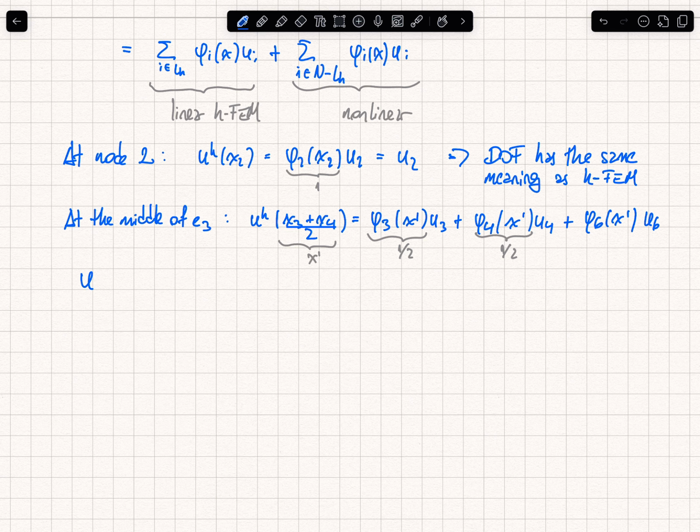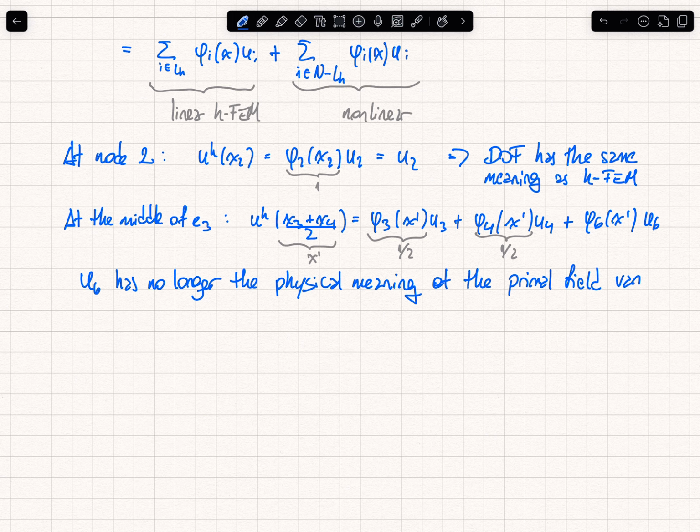So if you want to evaluate the field inside an element, you have no choice but to evaluate the complete expression. That is what we said earlier. So u6 no longer has the physical meaning of the primal field variable.